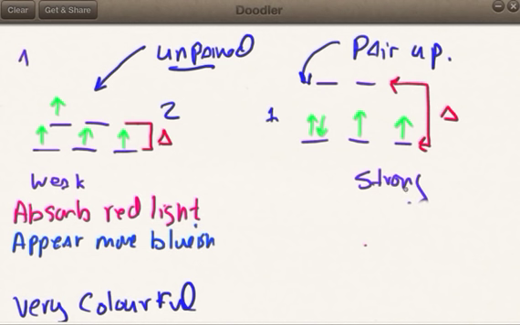However, if we look at the strong fields, for an electron to transition to a higher energy level it is going to have to absorb more energy, because this delta here is larger.